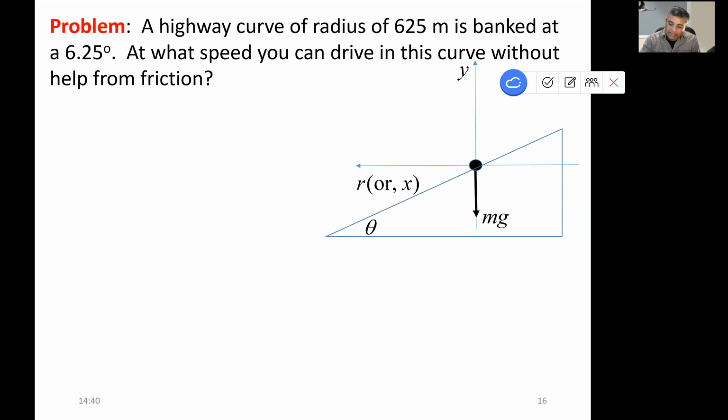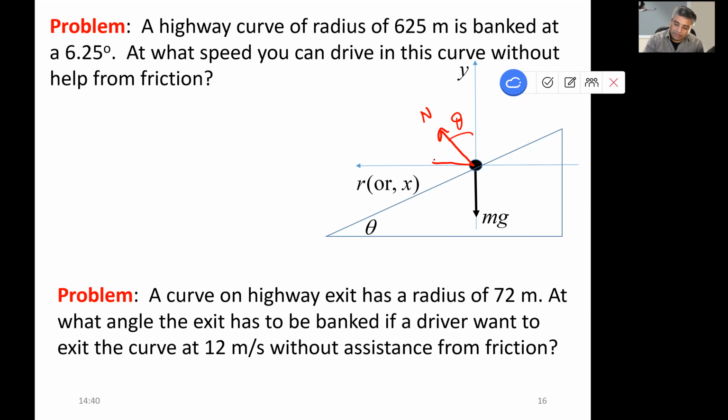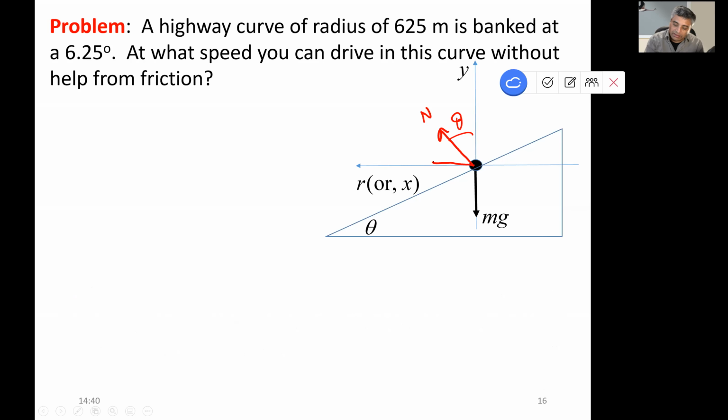So normal force was there, and which angle was known, this or that? That, right? And that means this is n sine theta, and this is n cosine theta.